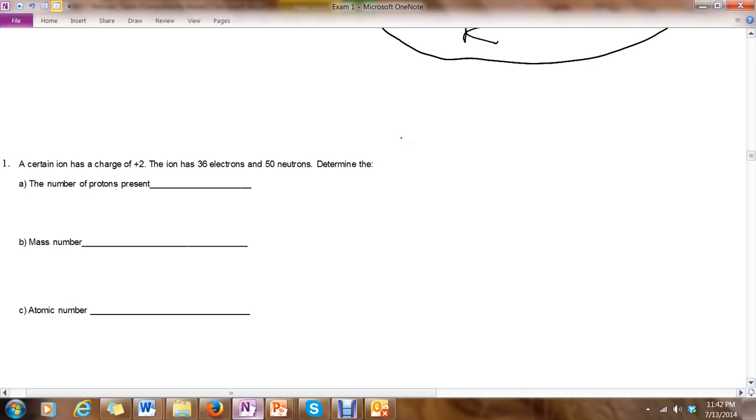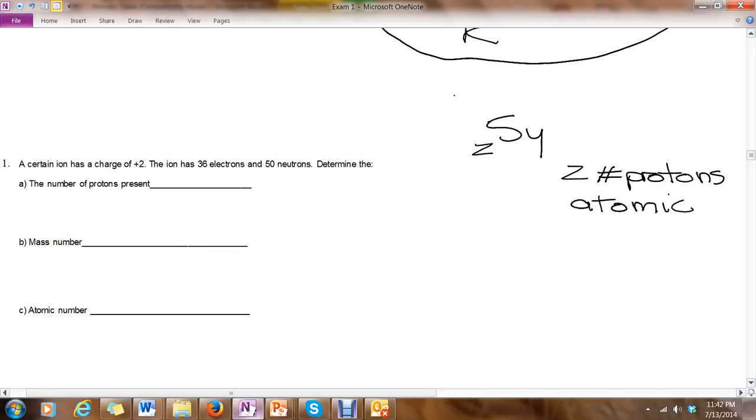Remember something: if you have a symbol here, you're always going to write down Z, which is the number of protons. Z is the number of protons, and it's the same as the atomic number. I'm reviewing this. A is the mass number, and it's always on top.